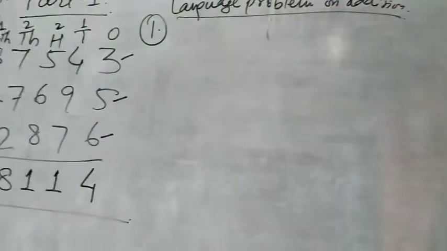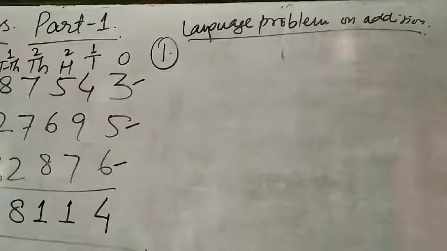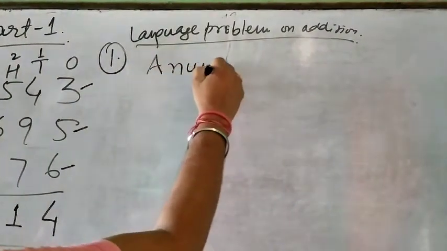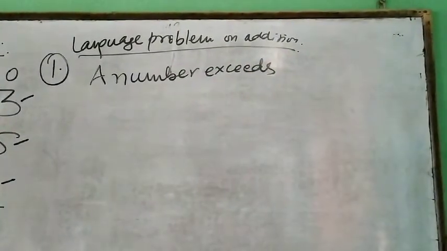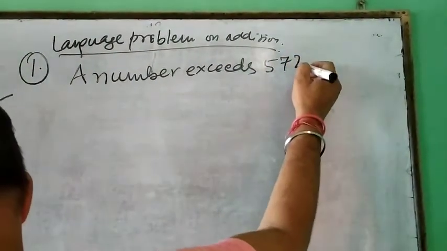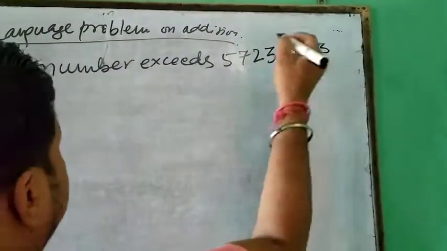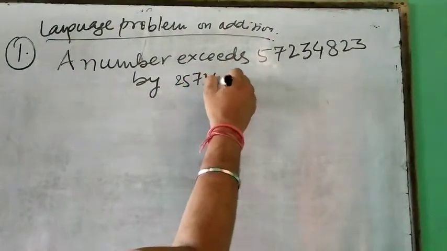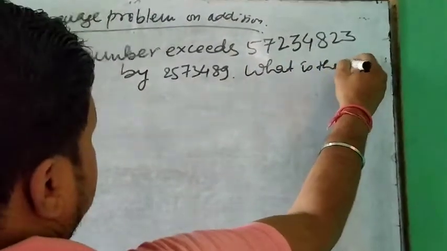So your first question is: a number exceeds 57234823 by 2573489. What is the number?